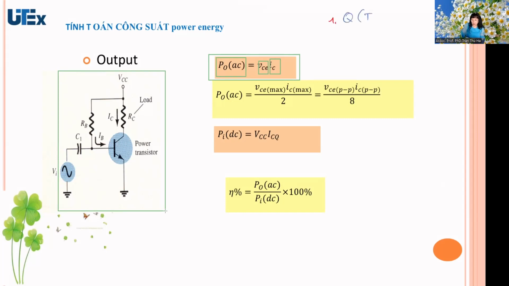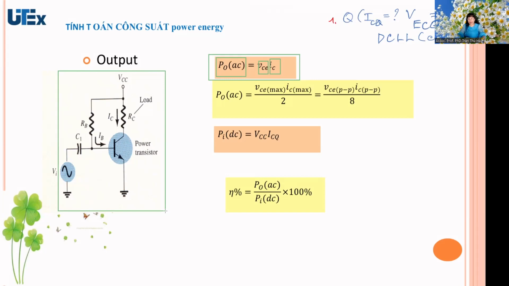If we know about this here, the common emitter, VCEQ, and determine DCLL if we know this is class A. Very easy.